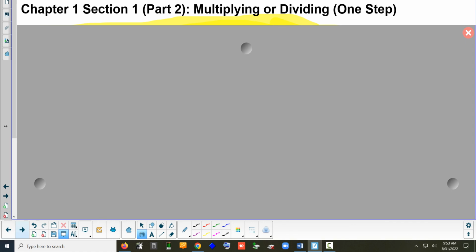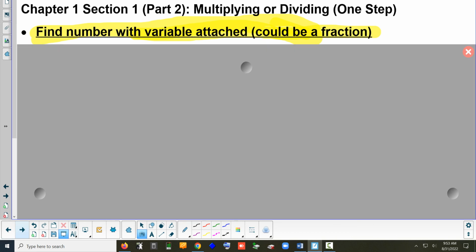All right, so here are the steps that we're going to use to solve our examples. On that first line, when you have a circle, the first thing you want to do is find the number with the variable attached. It could be a fraction, like we just mentioned.